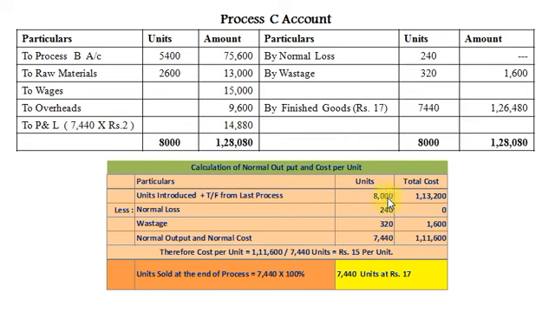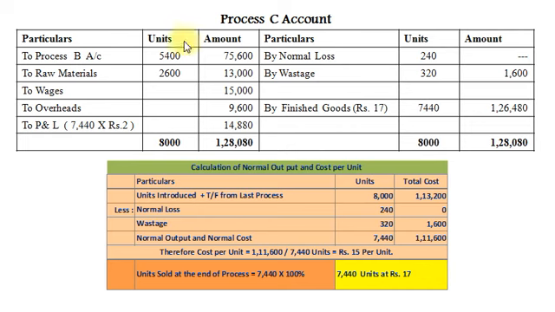Now 100% production of process C was sold out at rupees 17 directly from process, or by the end of process. So our sale proceeds would be 7,440 multiplied by 17 rupees, that is 1,26,480, and there is a profit of rupees 2, that is 17 minus 15, rupees 2 per unit. It will be transferred to costing profit and loss account.